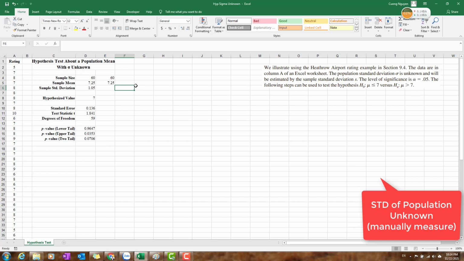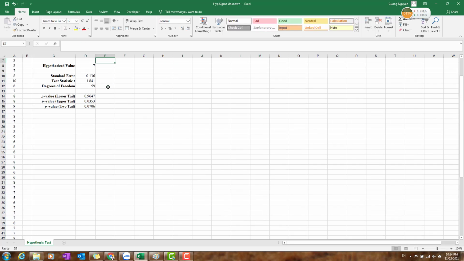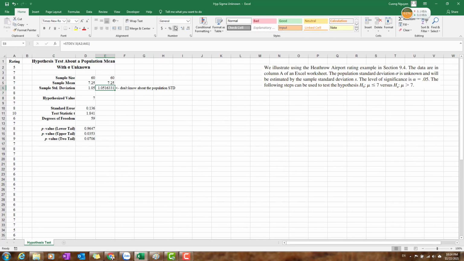Remember over here, we don't know the population standard deviation. So that means we use the sample standard deviation instead, and you just need to use STDEV.S and select all the data. Okay, and this should be available and come back like this one.